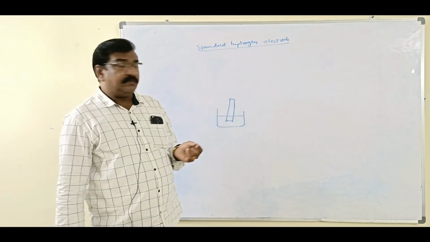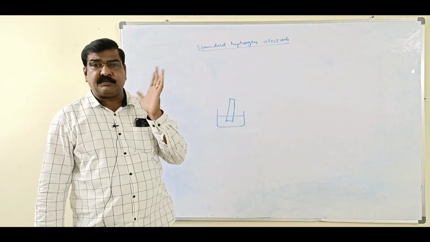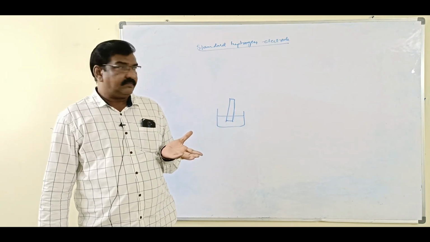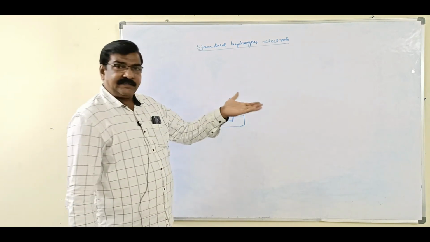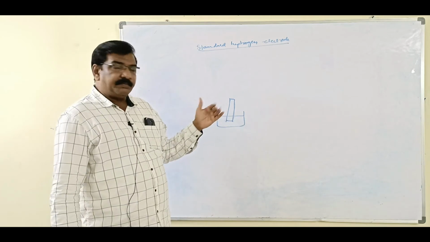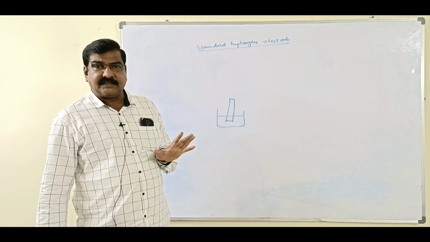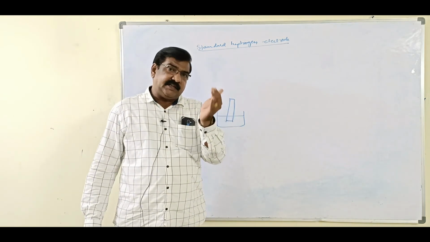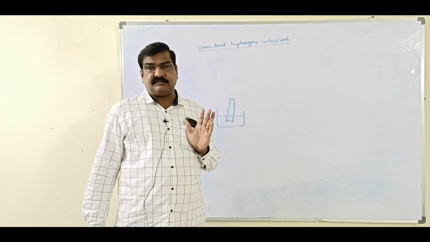How to calculate? A single electrode, it cannot produce electric current or voltage. So when it is connected with some other electrode, the cell may produce voltage, current. But that is only the difference between the reduction potentials of two electrodes.